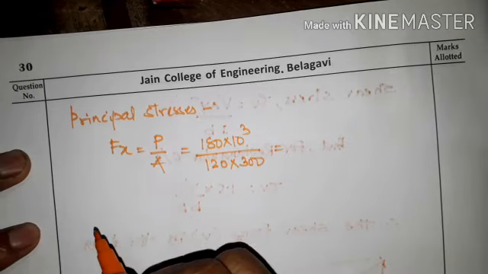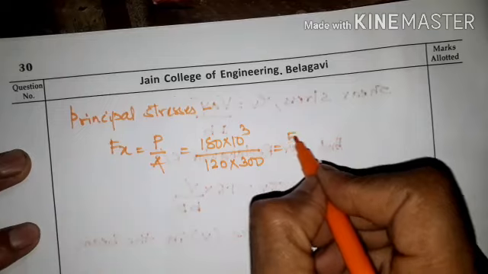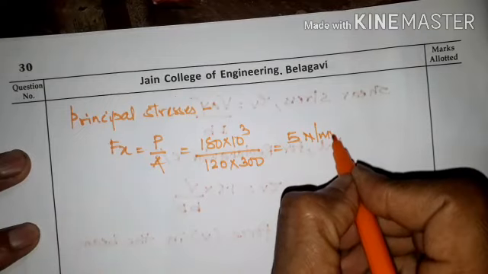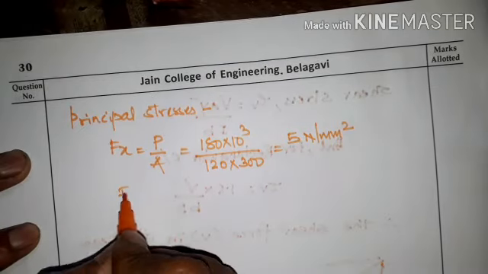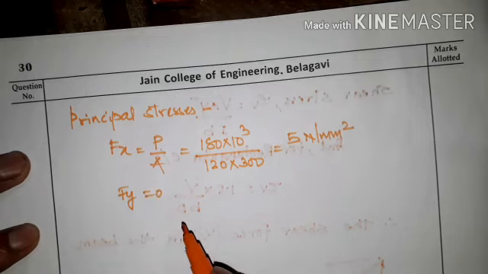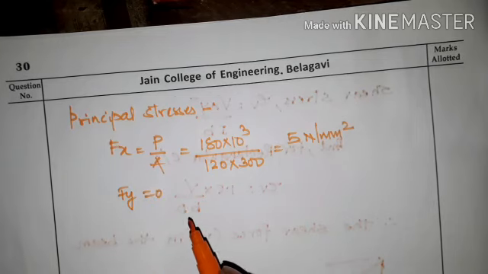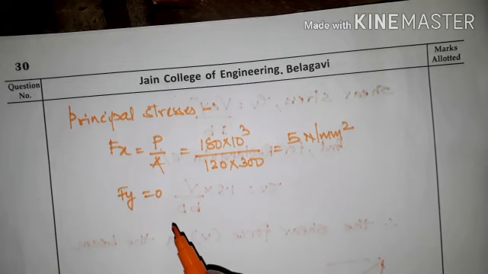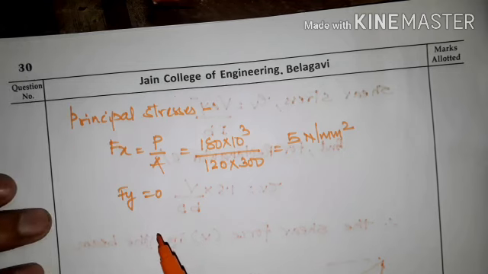P by A, we get 5 Newton per mm square, and Fy is equal to 0 because we are not providing any vertical pre-stressing system, we are providing only horizontal pre-stressing system. That is, Fy is 0.